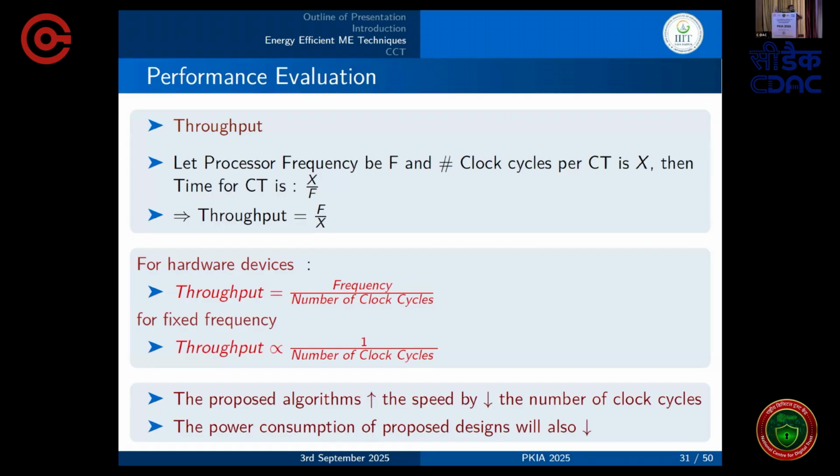We focused on the second technique: instead of focusing on a fixed frequency, by reducing the clock cycles we have increased the throughput. Here the clock cycles are directly proportional to the multiplications. Therefore, the reduction in multiplications also results in a reduction in clock cycles, which results in higher throughput.